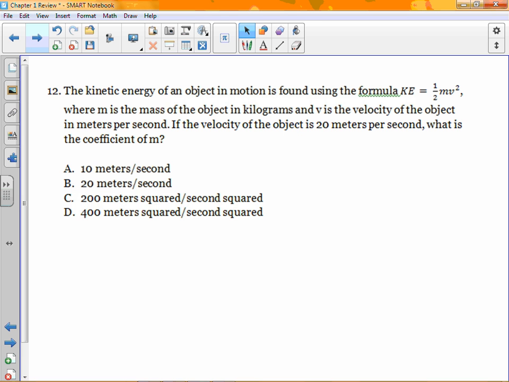All right. The kinetic energy of an object in motion is found using the formula KE equals 1/2 mv squared. Well, that's just what it is.